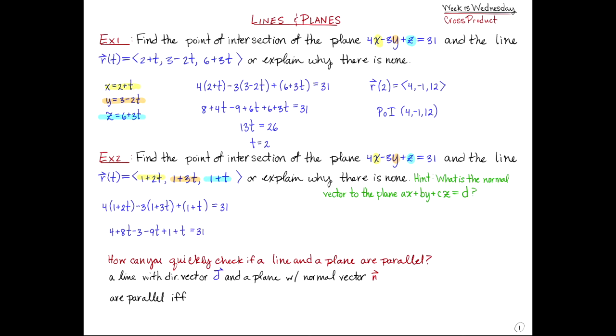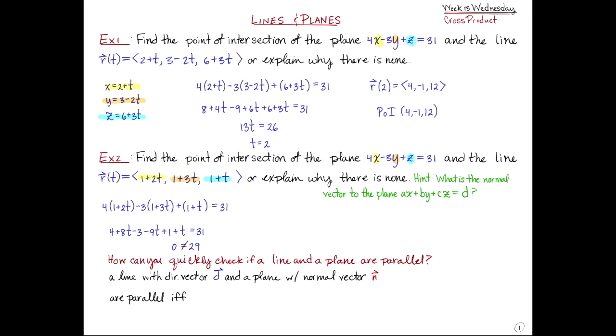Leaving our variables on the left-hand side of the equation, t plus 8t is 9t, minus 9t leaves us with 0 on the left-hand side of our equation, and getting all of our constants onto the right-hand side of the equation. 4 minus 3 is 1, plus 1 is 2, subtracting 2 from both sides, we get 29.